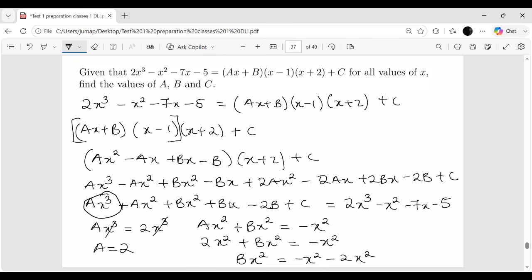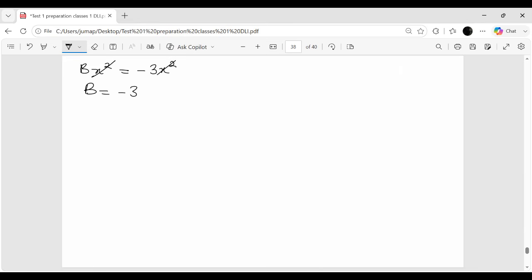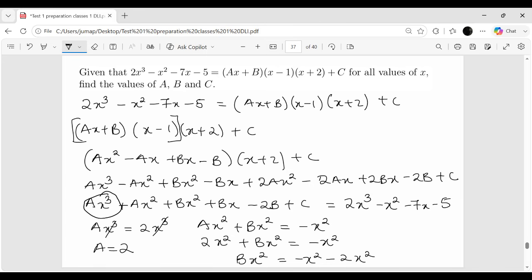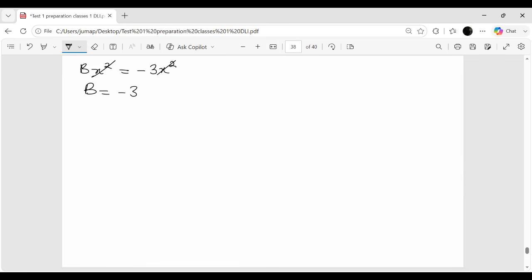Okay, this is bx. And then now you go to another component, which is the constant, because you found for A and B, and so let's find for C.